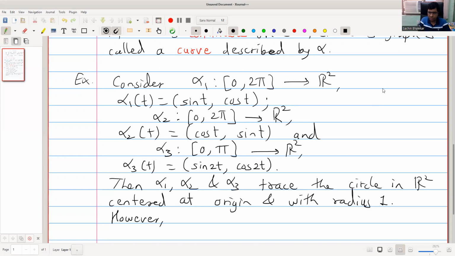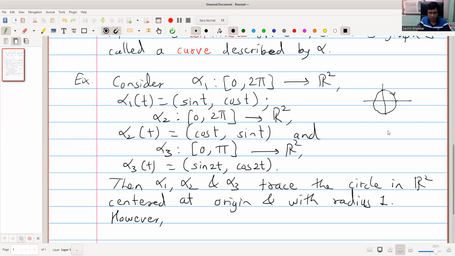So x is 0 and y is 1. This is the first point. If we put t equal to pi by 2, then we get sine pi by 2, cos pi by 2, that is (1, 0). So x is 1, y is 0. This is the next point.